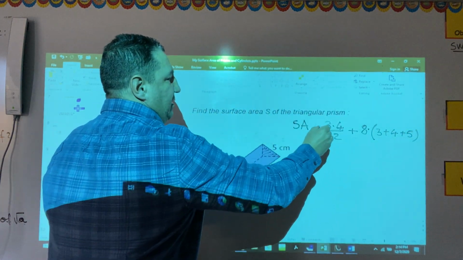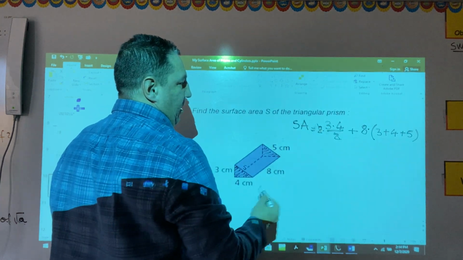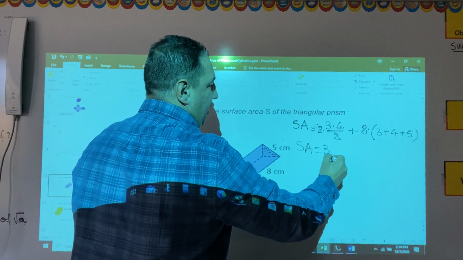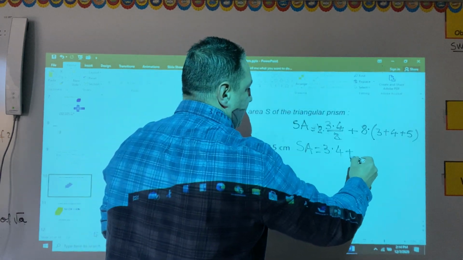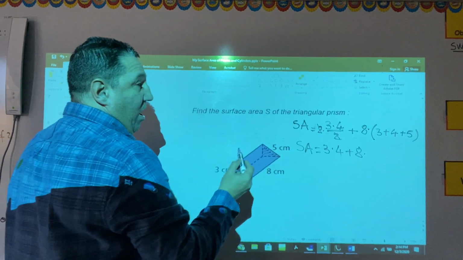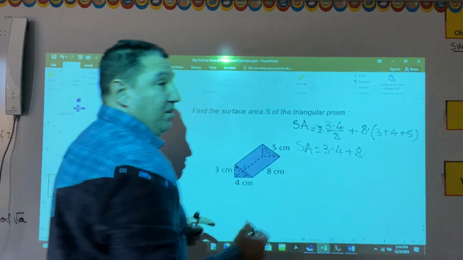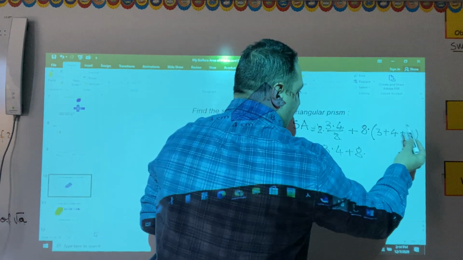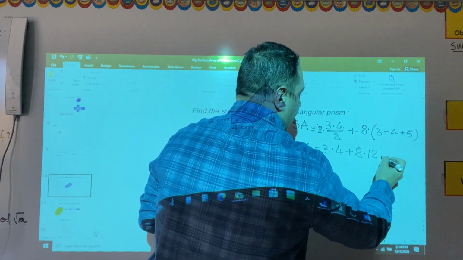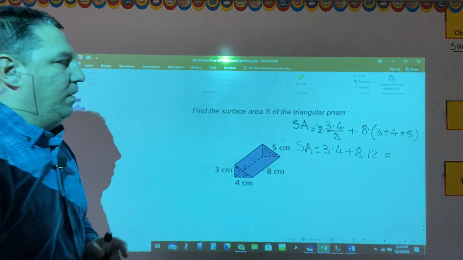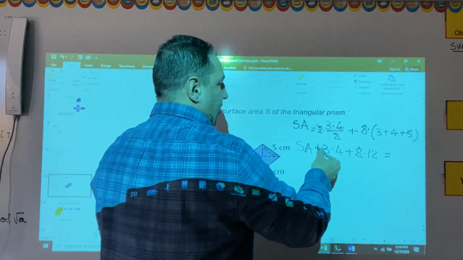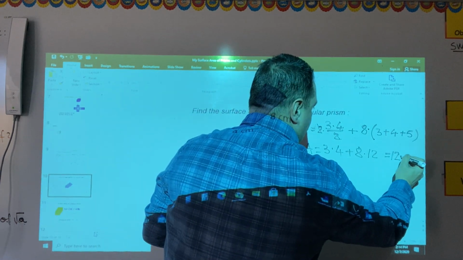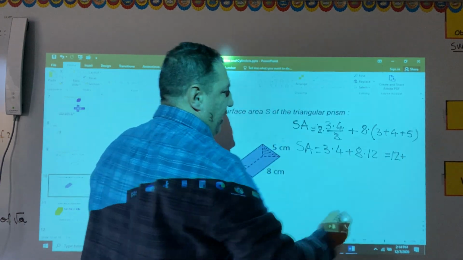Now, as we can see, these two can divide out. So what's left? Surface area would be 3 times 4 plus 8 times. Now we evaluate the parentheses. 3 plus 4 equals 7, plus 5 is 12. Now, first we evaluate the first product. 3 times 4 is 12, plus 8 times 12 is 96.